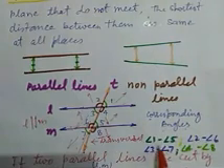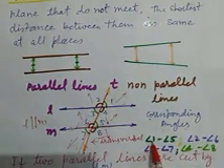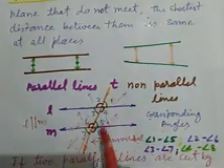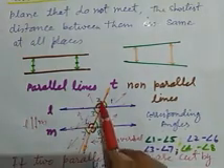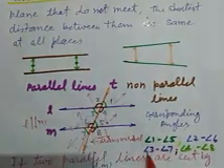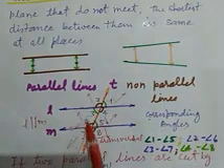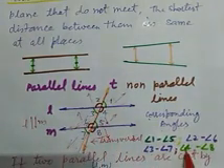So now we have four pairs of corresponding angles: 1 and 5, 2 and 6, 3 and 7, 4 and 8.